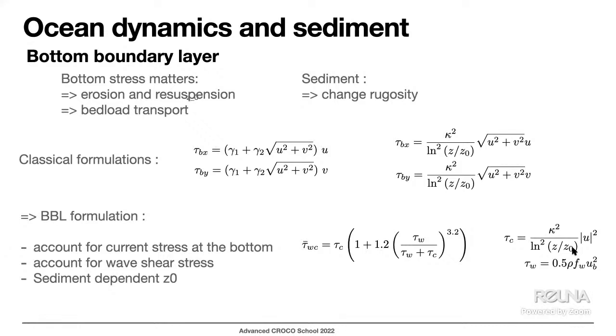The pure current stress is this one, the one you would have without waves, and the one which is due to wave friction is here. At the end, this term is designed to give a strong weight to wave friction when the wave feels the bottom, and a stronger weight to the current offshore. And this will allow us to deal with wave friction and wave-induced motion of the sediment.